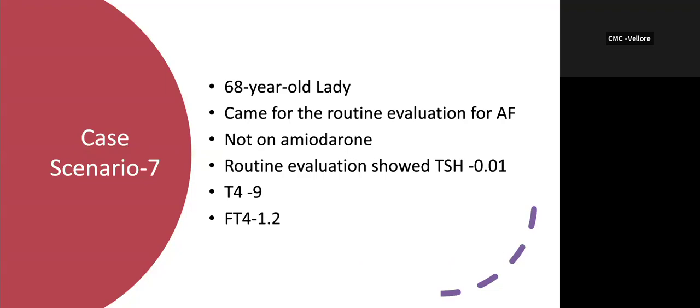Can it be recovering from de Quervain thyroiditis? Still a possibility. Suppose the patient had an angiogram done three weeks back. Can it be recovering from iodine-related thyroiditis? Because most of the contrast is iodine.